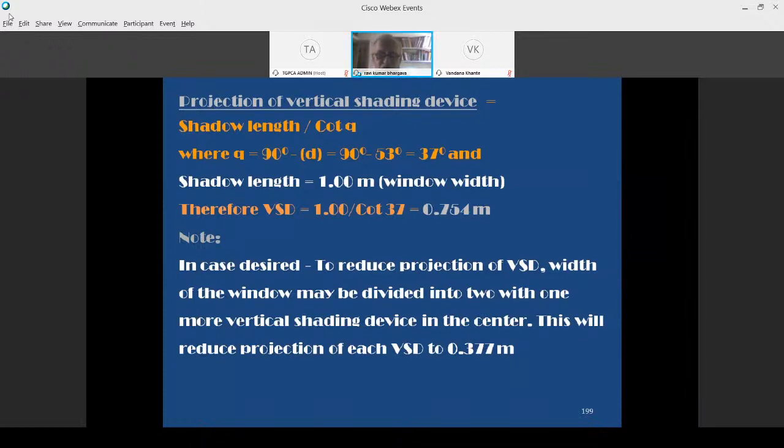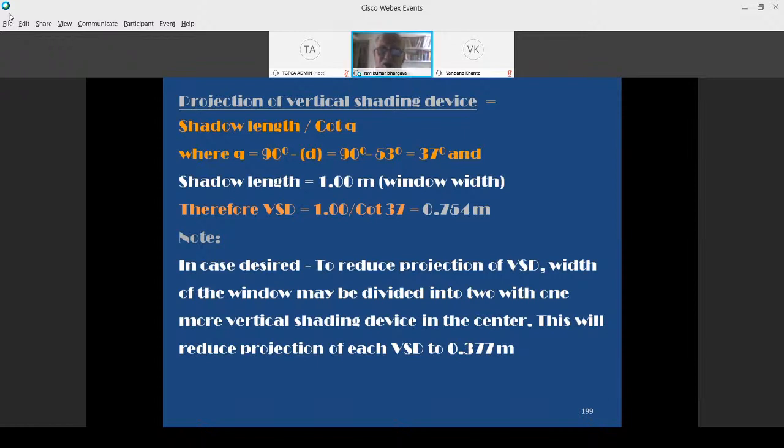This is the solved example, my dear friend. Remember one thing, it is 9:30. That means 2.5 hours before 12 o'clock. So this shading device will be effective up to 2.5 hours after 12 o'clock in the afternoon, that is 2:30.